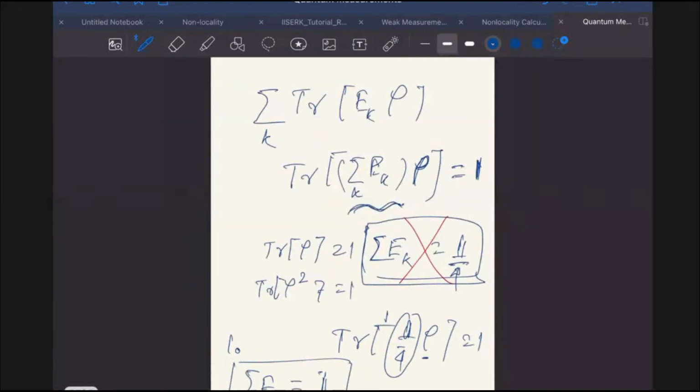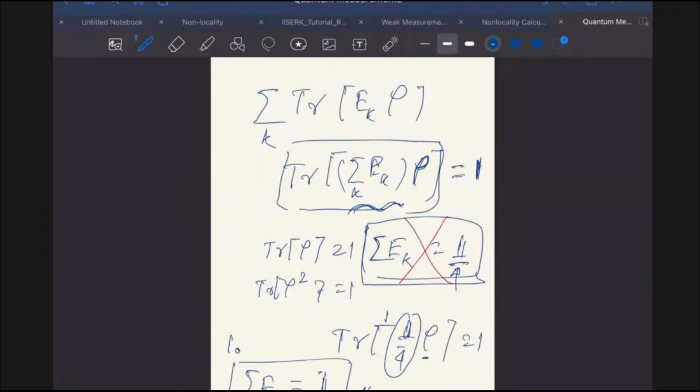I think the point we are missing is that equation, trace of the sum over ek rho equal to 1. You should box it, the second line. It is coming from the probability normalization. You box the whole equation equal to 1.